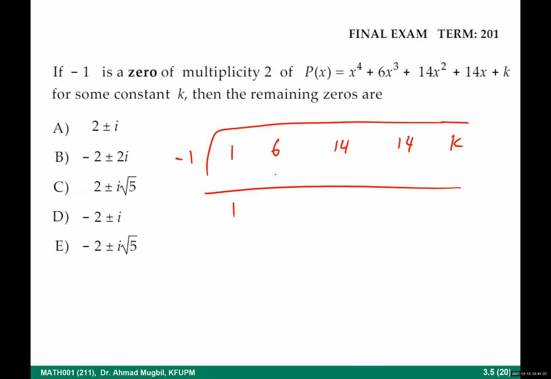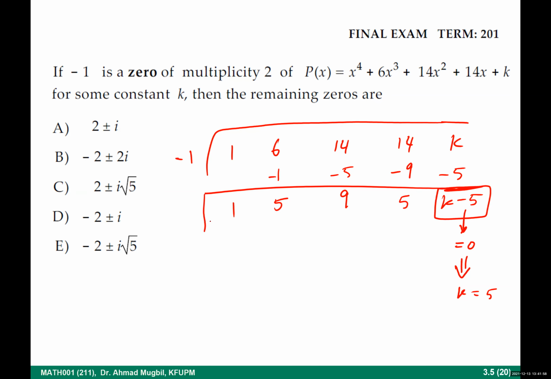Then what will we have? -1, 5, -5, 9, -9, 5, -5, k minus 5. If you want to find k, what will you do here? This will be equal to 0, and this implies that k is 5. This is if you want to find k. We are not looking for k, and we don't have it anymore. This is what is good.